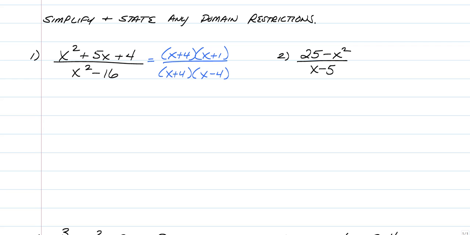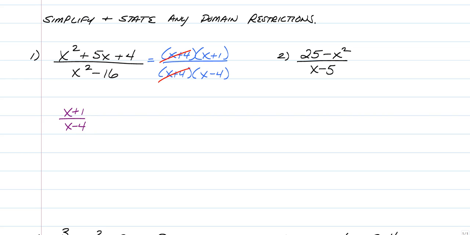It has to be the exact same term. So we have x minus 4s that can cancel from both of them. And now there's nothing else that can be done. So our simplified expression would be x plus 1 over x minus 4. And that's it. We are done.